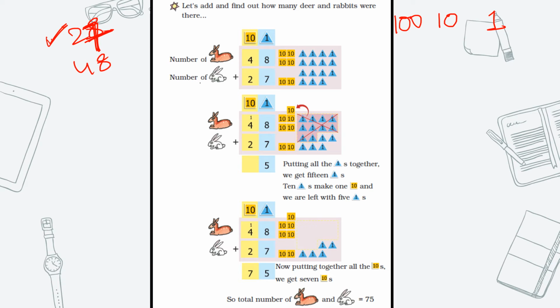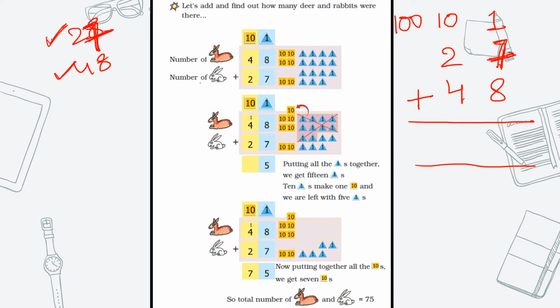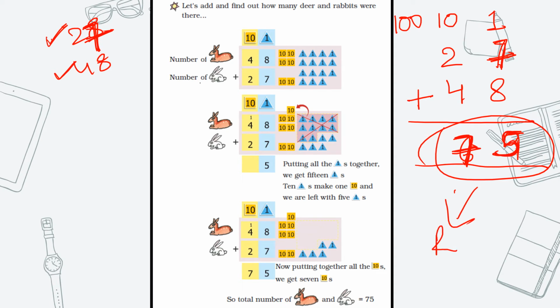So how many tens? 2, right? And 7, how many ones? 7, right? Similarly, for 48 deers, we have 4 tens and 8 ones. So total, how many do we have? 9, oh sorry, 15 and 7, right? So we have a total of 75 rabbits and deers.